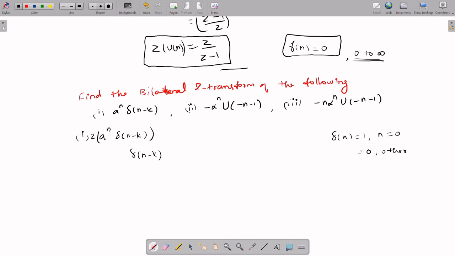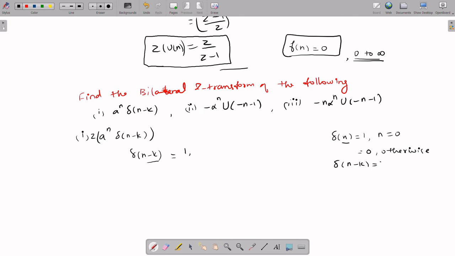This is the definition of the unit impulse function. In the place of n, it is given as n minus k. So delta of n minus k is equal to 1 when n minus k is equated to 0.